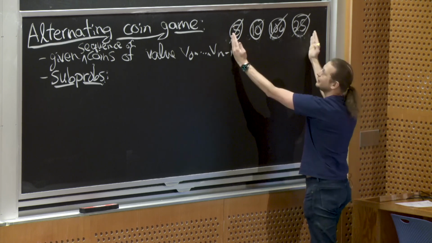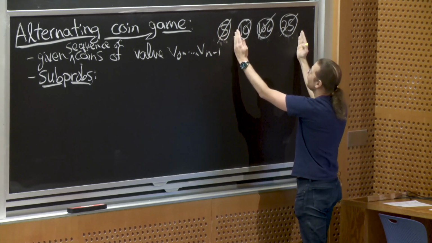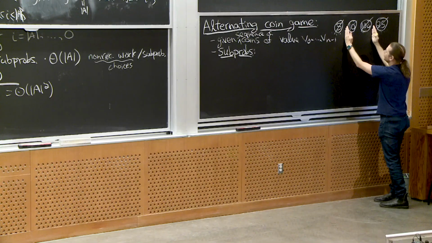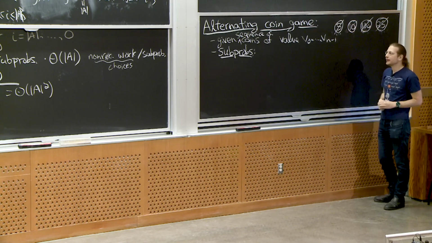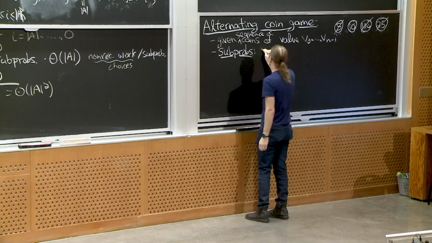Because as soon as I delete the first coin, and then maybe you take the second coin, now you have an arbitrary substring in the middle. But substrings are enough, because we're only deleting from the ends. We'll look at substrings.